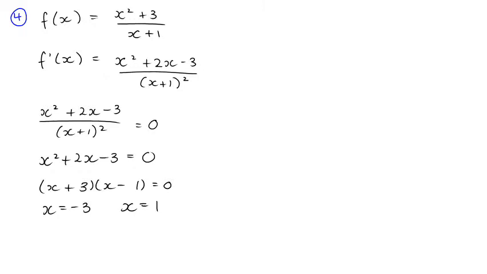Now, of course, you need to solve for the y coordinates. So, sub it in. So y equals negative 3 squared plus 3 over negative 3 plus 1, which is 9 plus 3, 12 over negative 2, that's negative 6.